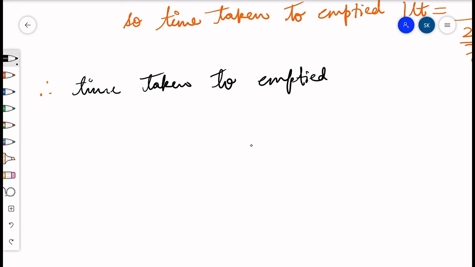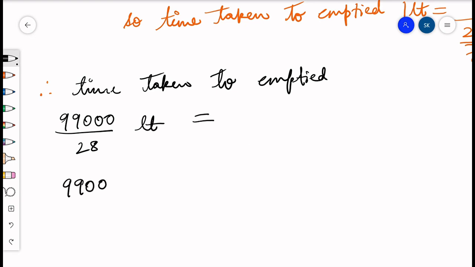It was 99000 divided by 28 liters, will be what? It will be 99000 divided by 28 into 7 divided by 25. Simplify this, you will get the answer.